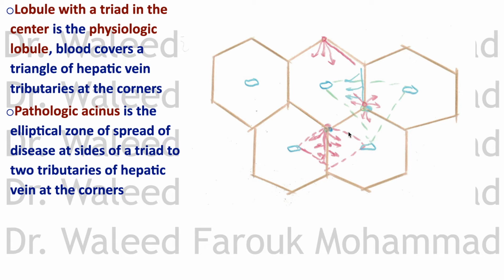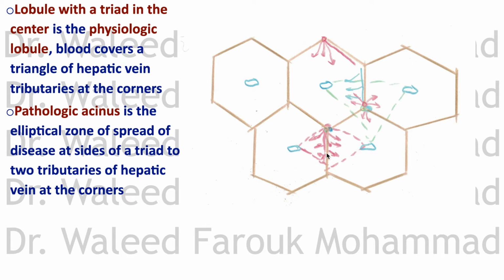Now there's another lobule, or acinus, called the pathologic acinus or hepatic acinus, in which at the corners there are two tributaries of hepatic veins, and in the middle the blood flows in their direction from either the portal vein or the hepatic artery. Why is this called the pathological?